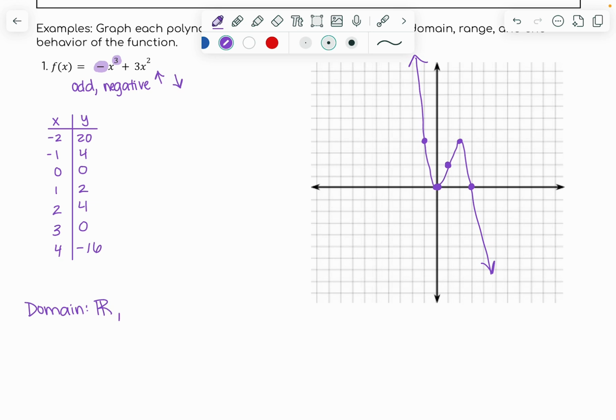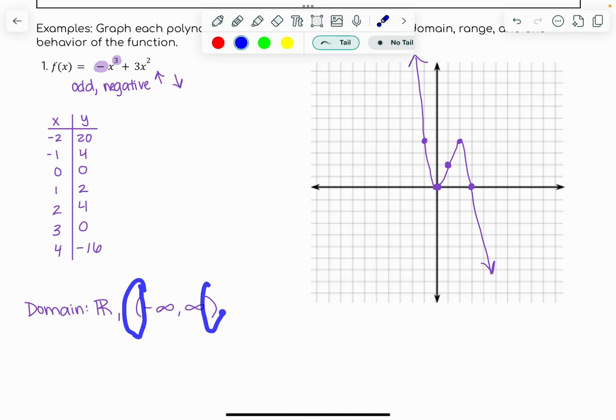If I use interval notation, then I'm going to use parentheses, -infinity, comma, infinity, close parentheses. Now these parentheses tell me when something is included or not included. Since infinity is something that I can't physically touch, it's not technically included.